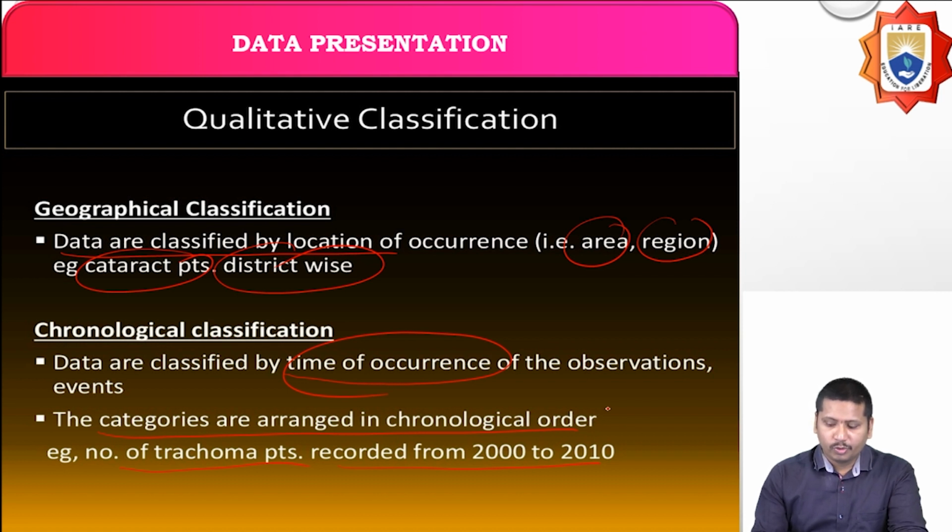So the number of Trachoma cases: how many in 2000, how many in 2001, and so on up to 2010, year wise. It should be in chronological order.